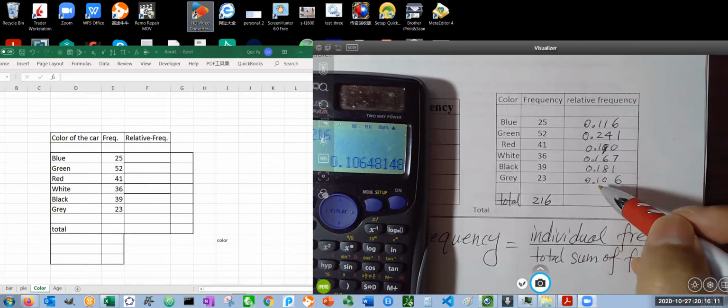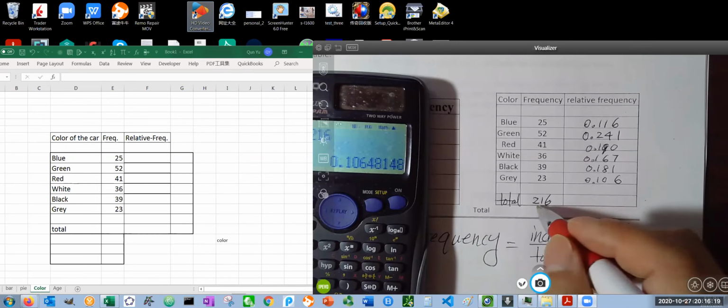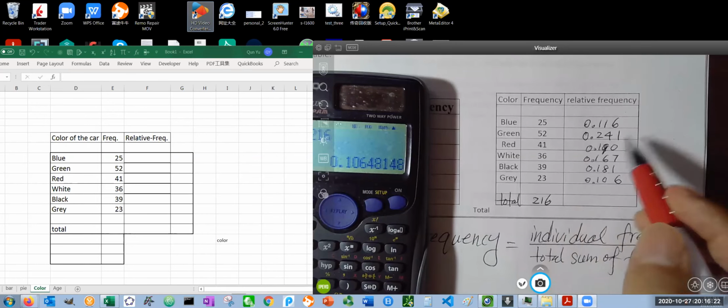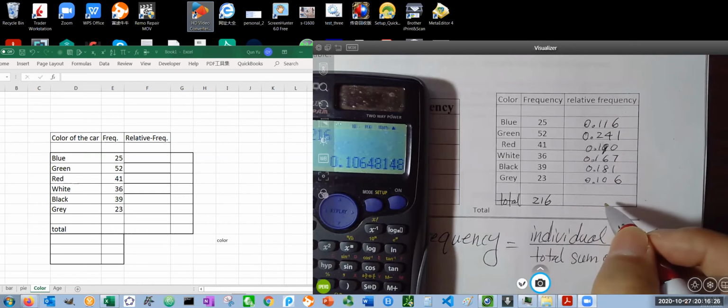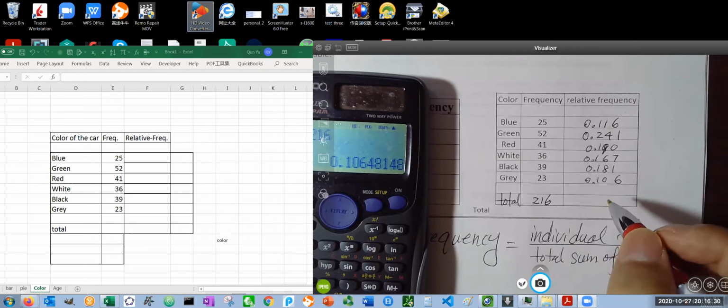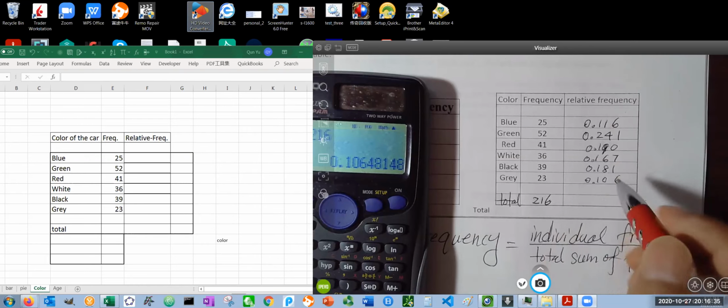So when you add them together, very likely you get something that is not exactly 1, but should be very, very close to 1, because the theoretical value should be 1. Since you have rounding error, you could get something a little bit lower or a little bit higher than 1, but it's not going to be far away from 1. If it is far away from 1, something is really wrong.